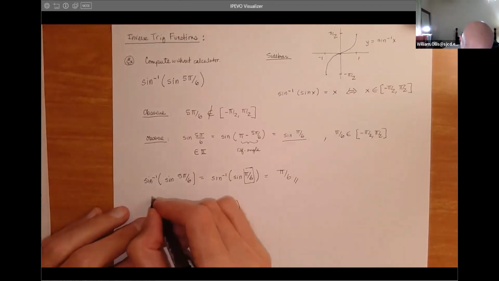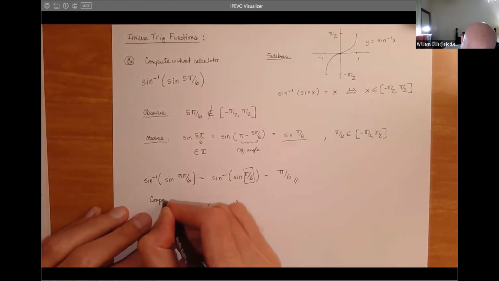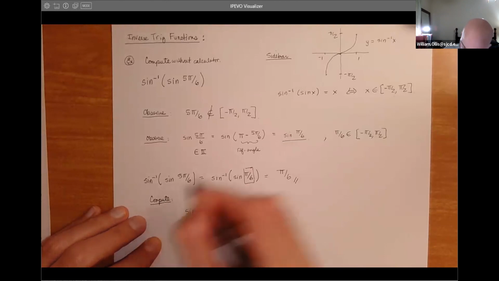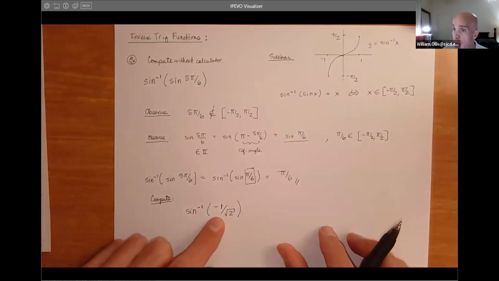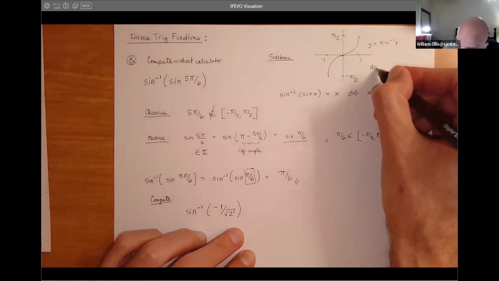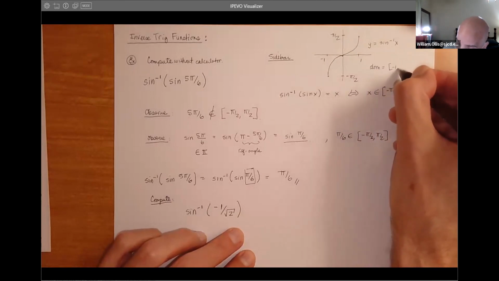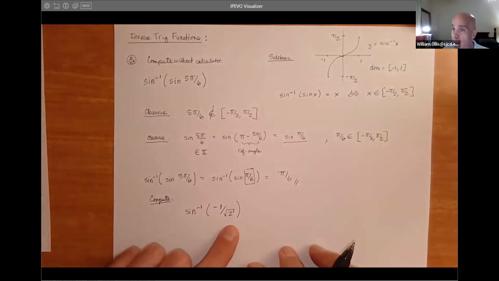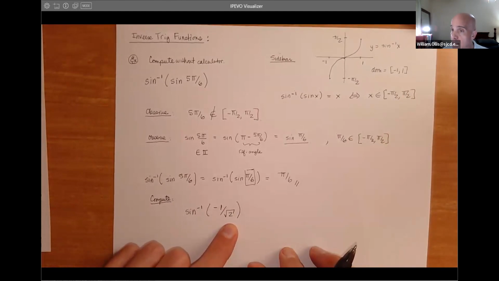If we wanted to compute this, just as a little simple example to remind you of the definition, this is definitely defined. Why do we know this is defined? What is the domain? The domain is -1 to 1. This is defined. This makes perfect sense.